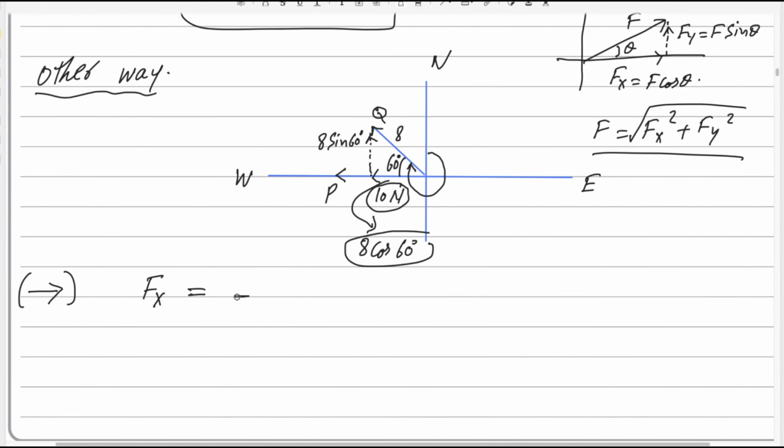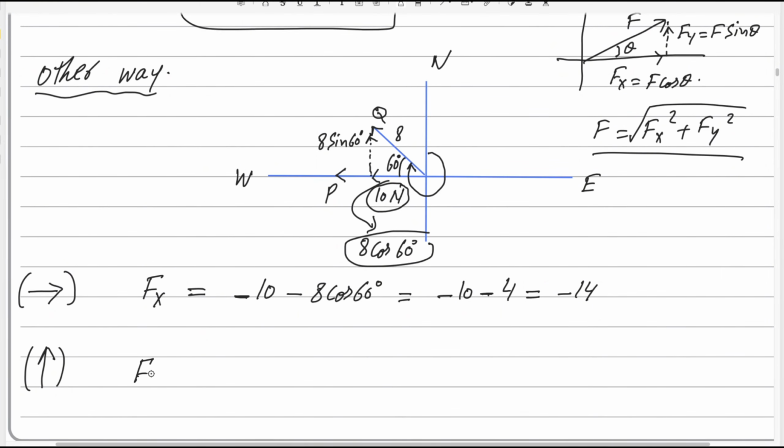So we keep both negative: minus 10 minus 8 cosine 60. Cosine 60 is half, so it will be 4. So you get the answer as minus 14.